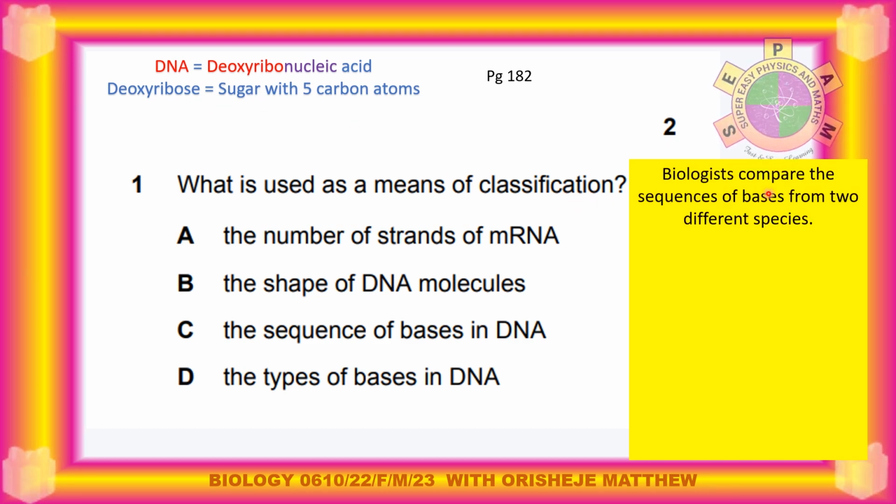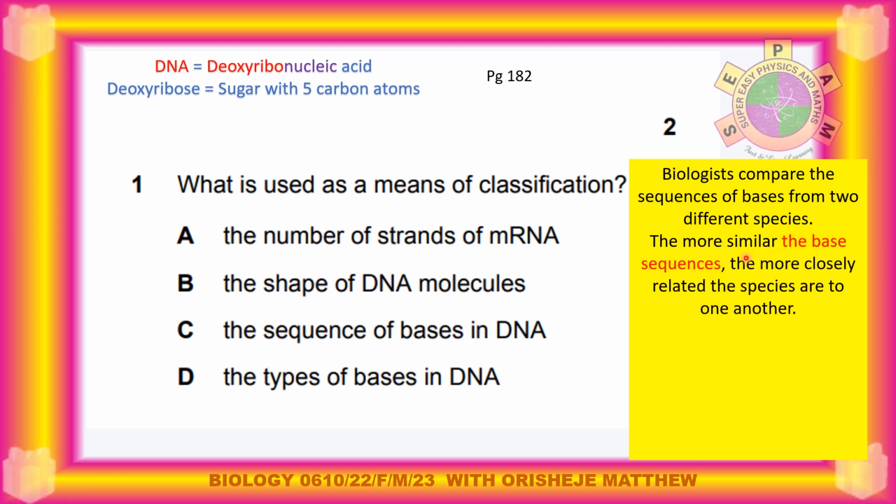Now, biologists compare the sequence of bases from 2 different species of DNA. And the more similar the base sequence, the more closely related the species are. So this is the basic fact here.